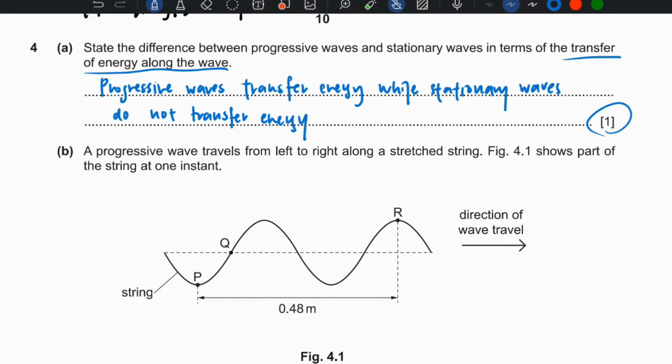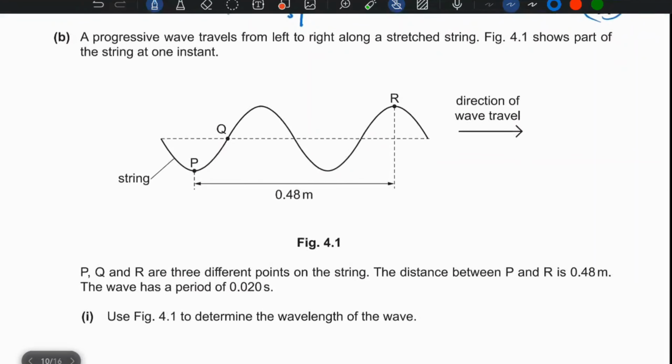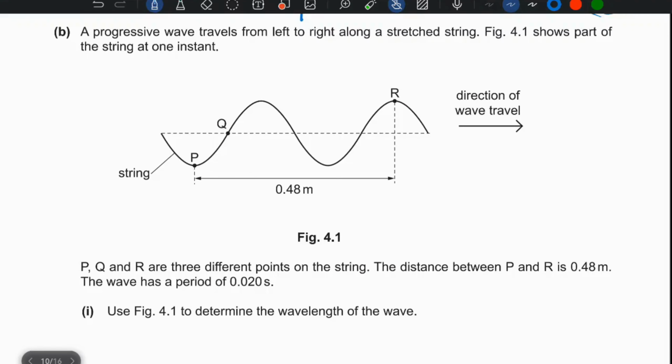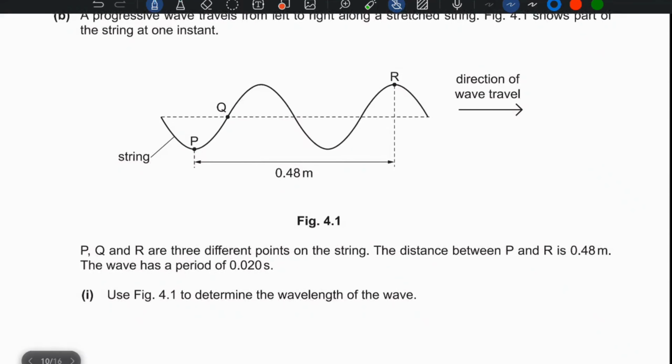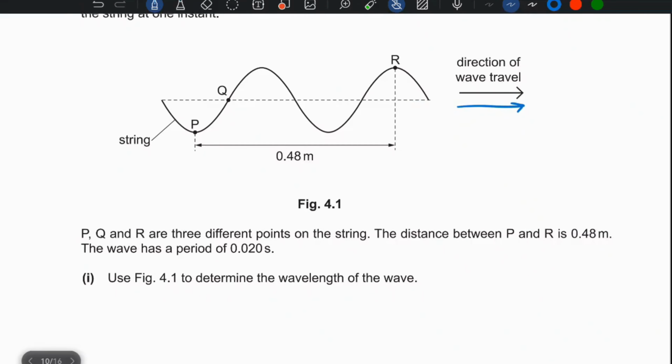Okay, moving on to B. A progressive wave travels from left to right along a stretched string. Figure 4.1 shows part of the string at one instant. So this is basically a progressive wave, and this is the direction of wave travel. P, Q, and R are 3 different points on the string. The distance between P and R is 0.48.